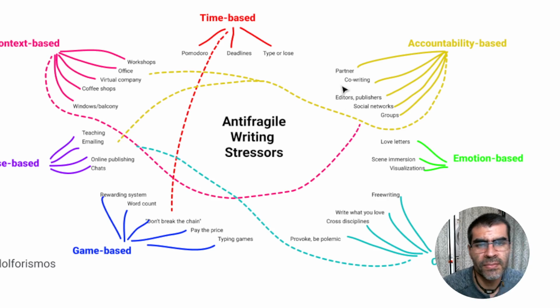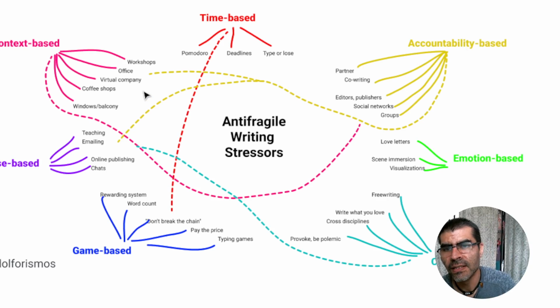For example, you can have some accountability using the office or using workshops or coffee shops, and you can have some context-based stressors with editors, publishers, co-writing, etc. Time-based, of course, depends on the scale. You can have the Pomodoro, but you can have this don't break the chain and combine it with game-based stressors.